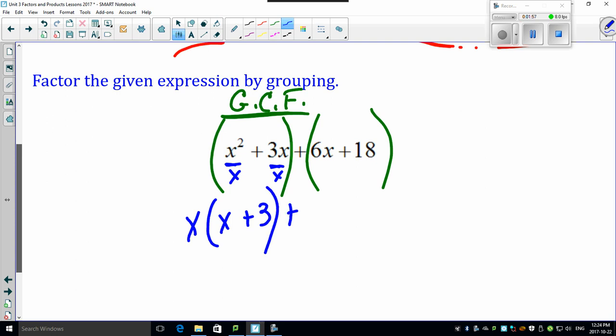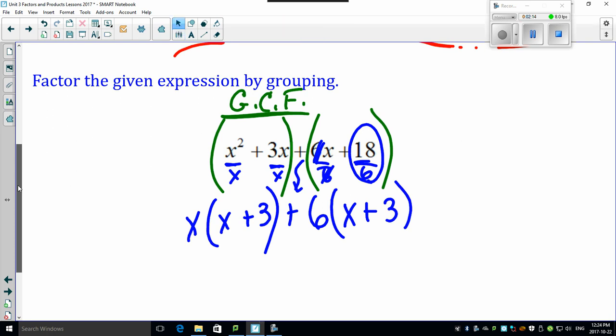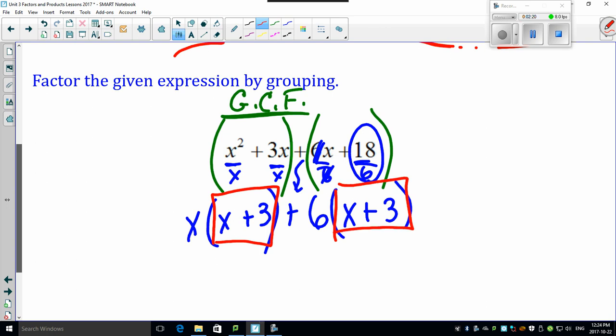There's the same positive that was here. Now, GCF this. Look what you can take out. You can take out a 6. And if you do, divide this by 6, divide this by 6, watch what happens. You get an x plus 3. Oh my goodness, these two things match. Oh my, is that ever powerful?